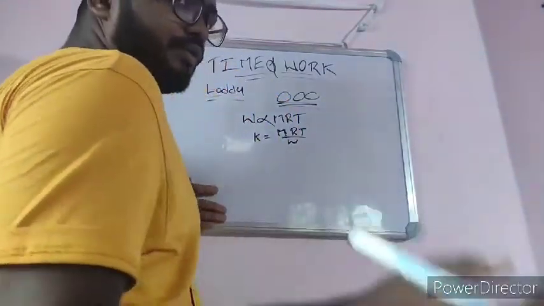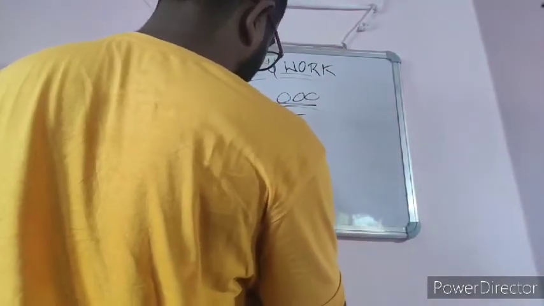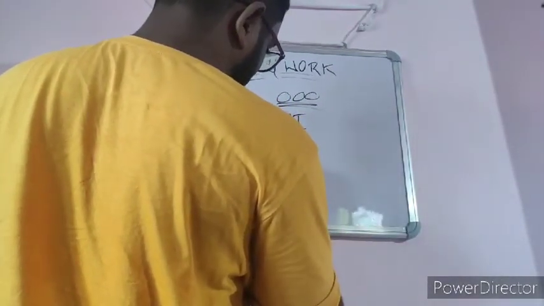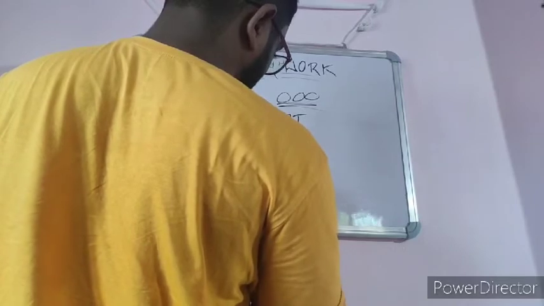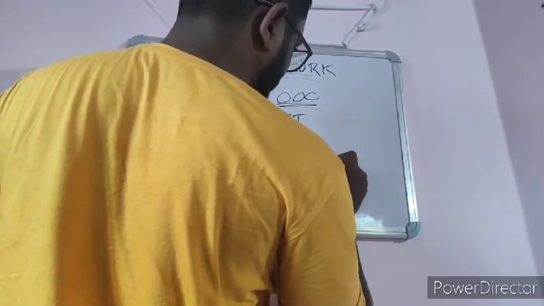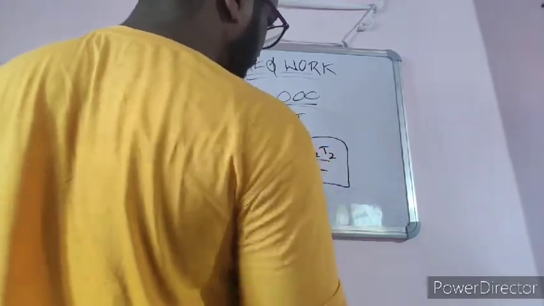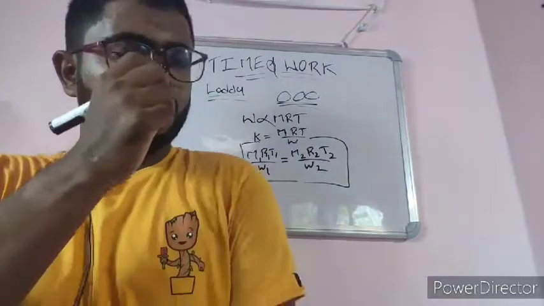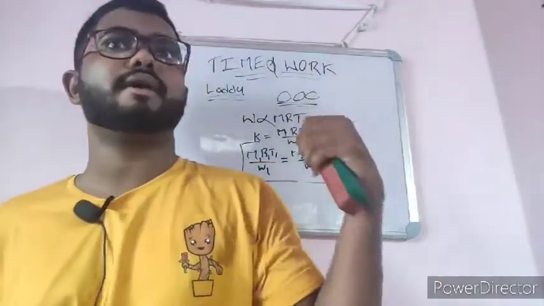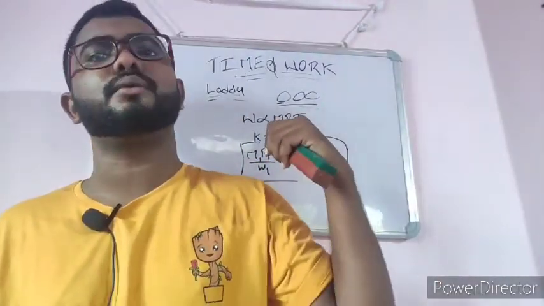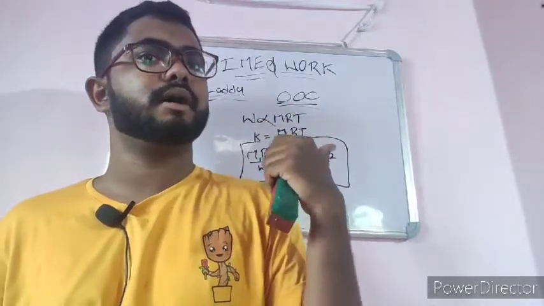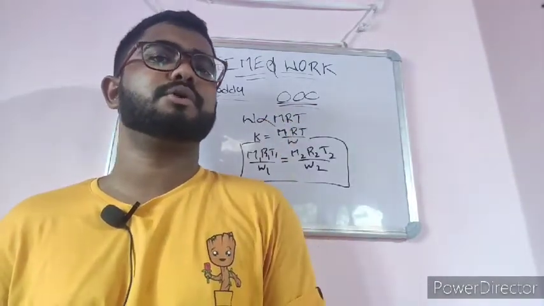So let me introduce one more thing here. What have I written? I have written that K1 is equal to K2, like M1 R1 T1 by W1 is equal to M2 R2 T2 by W2.